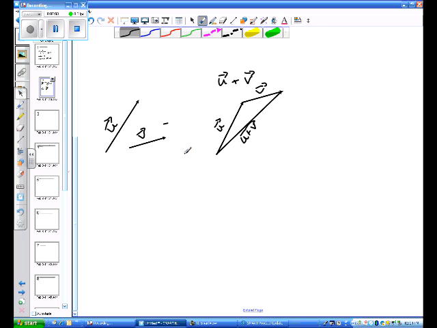The other method that we use is called the parallelogram method, and that's when you've got two forces acting upon something. So we could take these same two vectors, and using the parallelogram method, we would start. We'll draw our u, trying to get it the length. And then beginning at the same place, we would draw v.